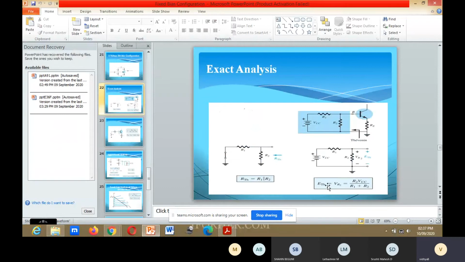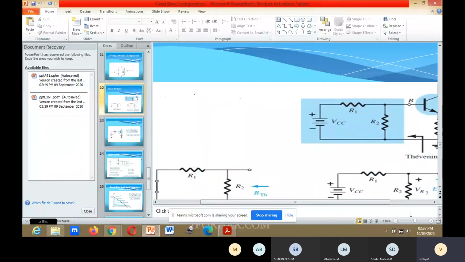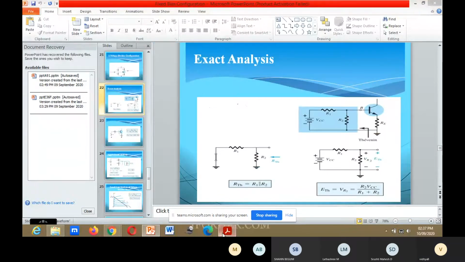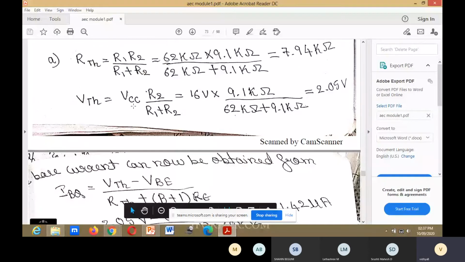VTH is equal to R2 into VCC divided by R1 plus R2. That is 16 volt into 9.1 kilo ohm divided by 62 kilo ohm plus 9.1 kilo ohm. You will get 2.05 volt.